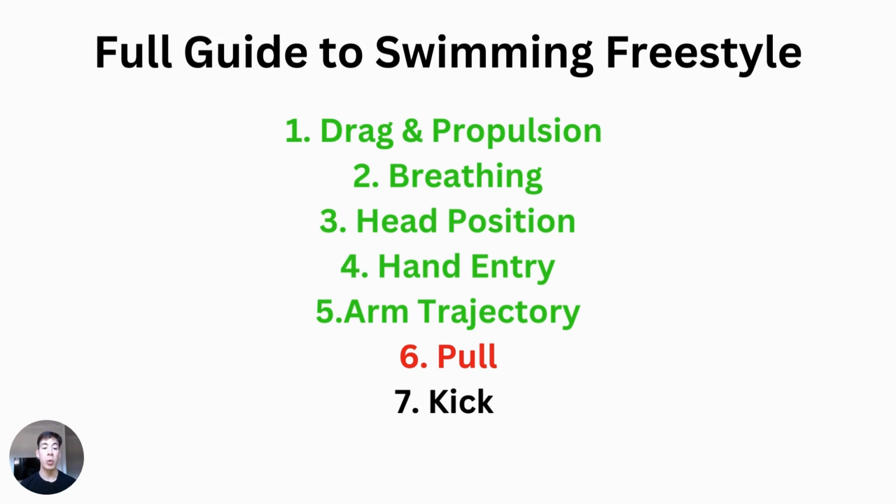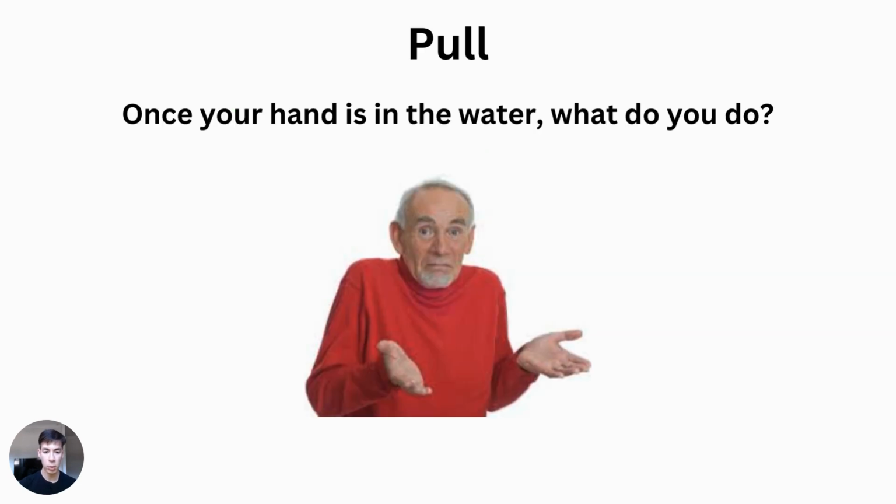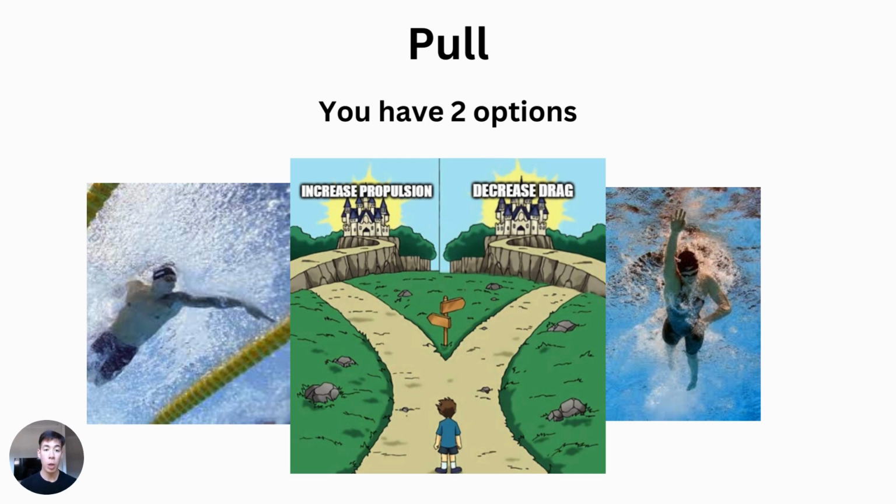What we're going to be talking about next is the freestyle pull, or the catch, whatever you want to call it. Once your hand is in the water, what the hell do you do? You have two options, and there are two distinct styles of pulling depending on the type of event you want to swim. On the left over here, we have Caleb Dressel swimming with a straight arm freestyle.